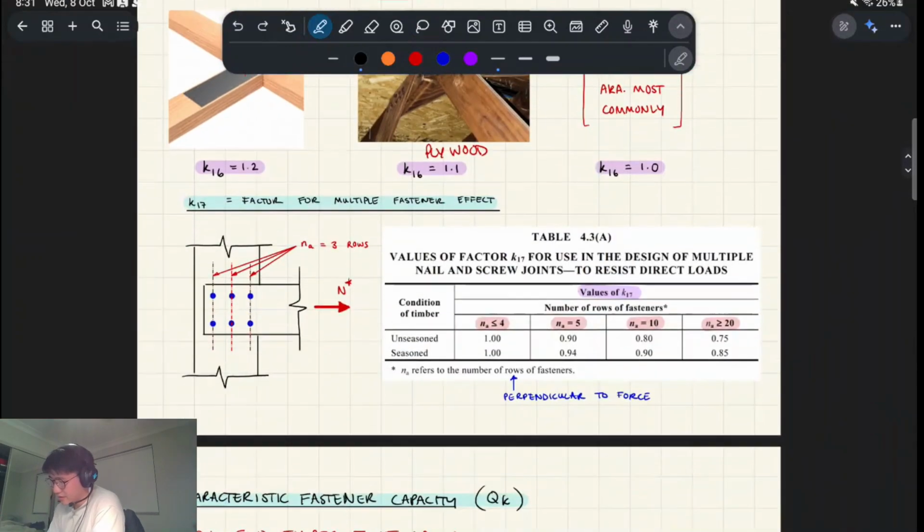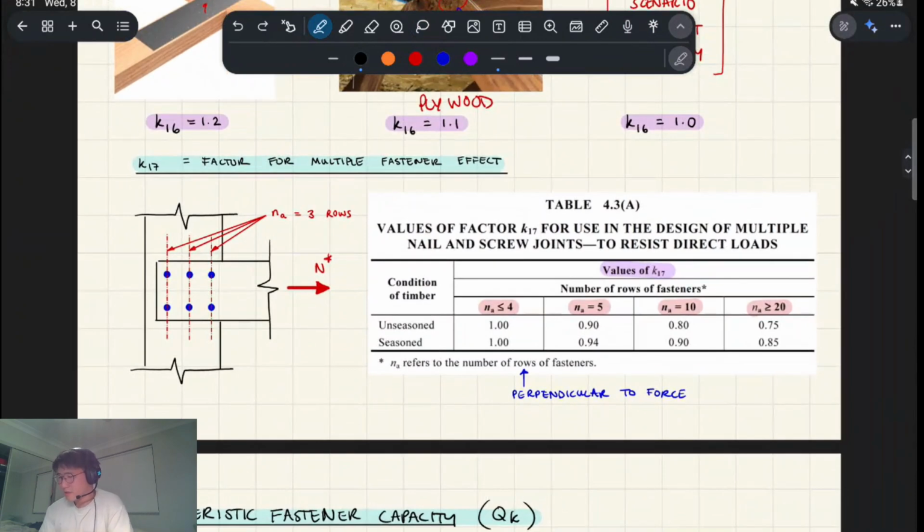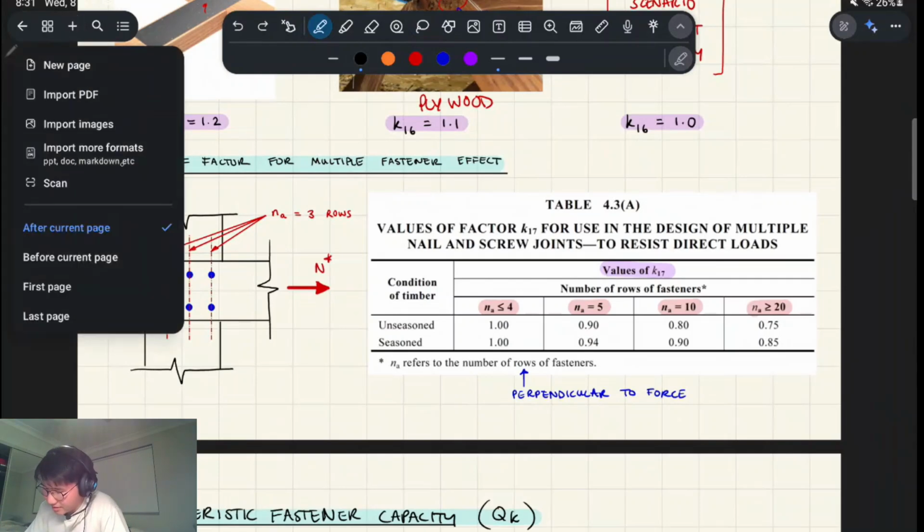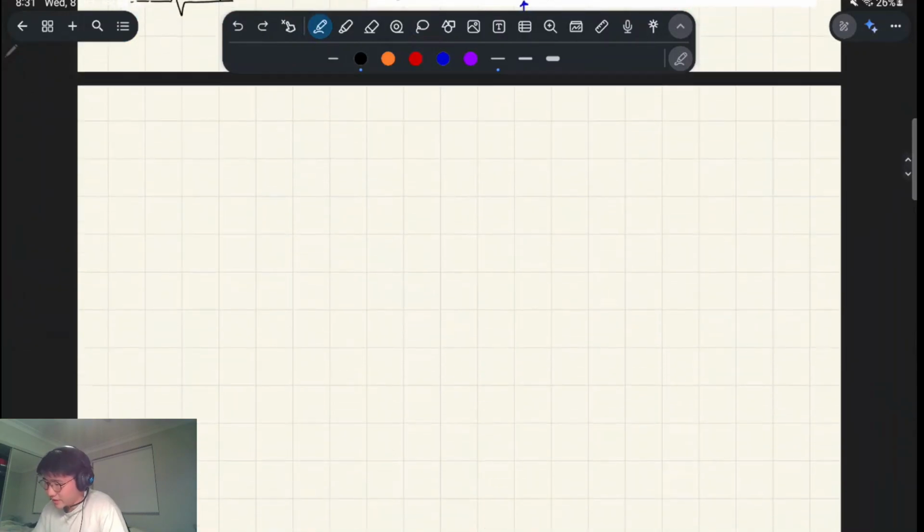those are those factors. So K17 is a factor for multiple fasteners, right? This is basically a reduction factor for if you have too many rows of fasteners because they're not equally contributing. So the best way to explain this and why is if I have an extreme example.